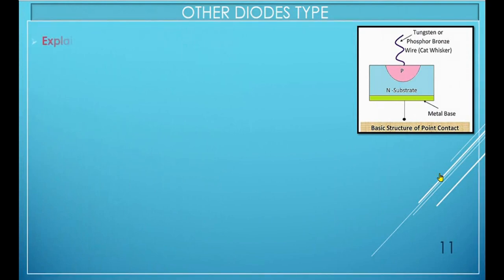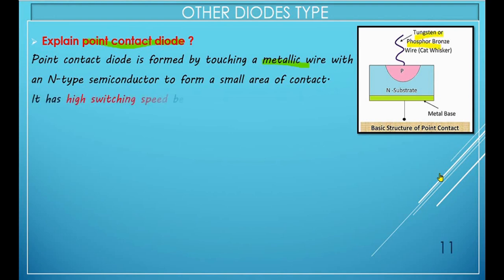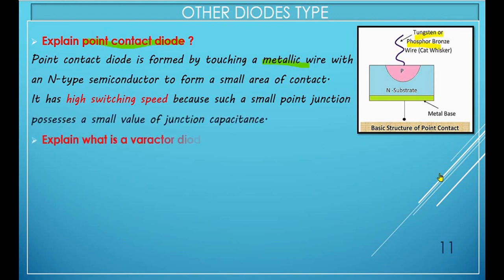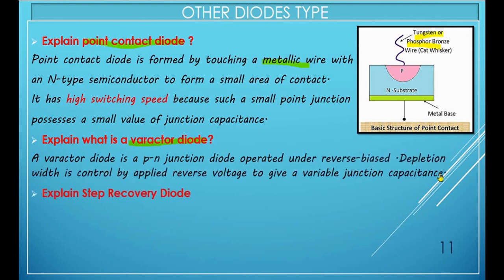Now another type of diode is the point contact diode. A point contact diode is formed by touching a metallic wire to an n-type semiconductor, which gives a small area of contact, and that wire is tungsten or phosphor bronze. It has a very high switching speed because of the small junction area. Now next is the varactor diode. Varactor diodes are used in reverse bias, and the depletion width is controlled by the applied reverse bias voltage.